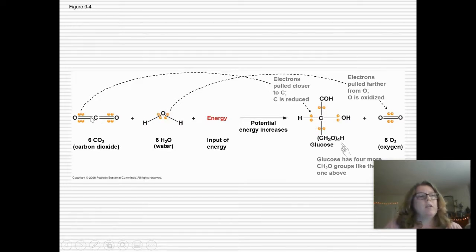And actually, carbon dioxide is considered to be nonpolar because of its geometry. But notice the electrons here that are shown are closer to the oxygen, right? Here, same thing. But now look, this carbon dioxide gets converted through this reaction into glucose. But notice that now, as a result, when this oxygen gets pulled away and a hydrogen replaces it, the electrons move closer to the carbon. So the carbon actually draws those negative electrons toward it more often, which means that the carbon is actually reduced.